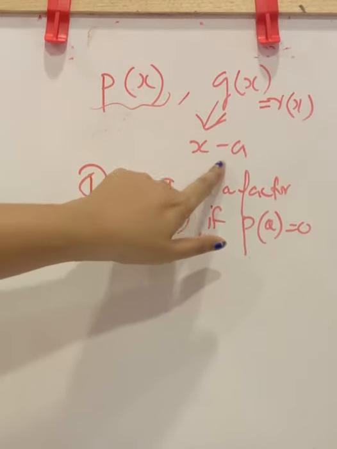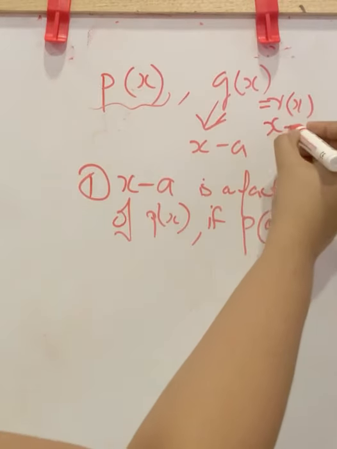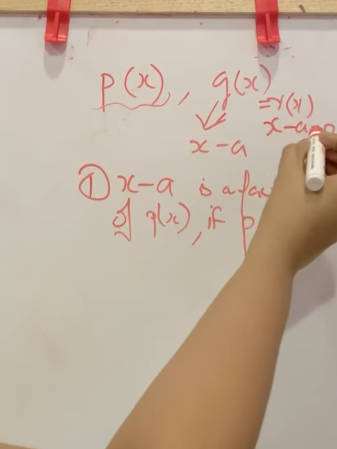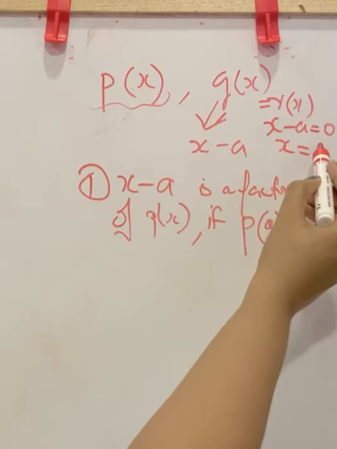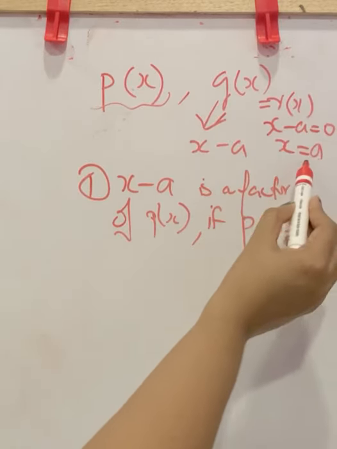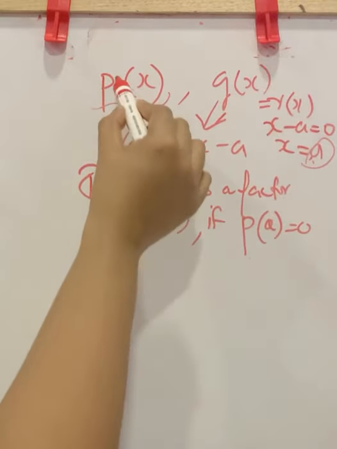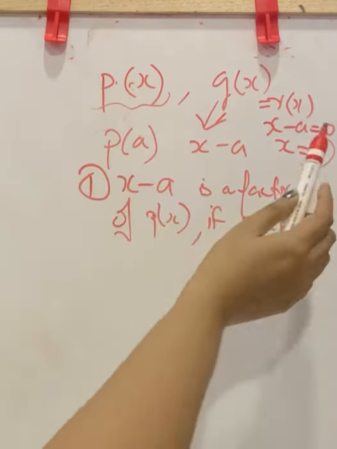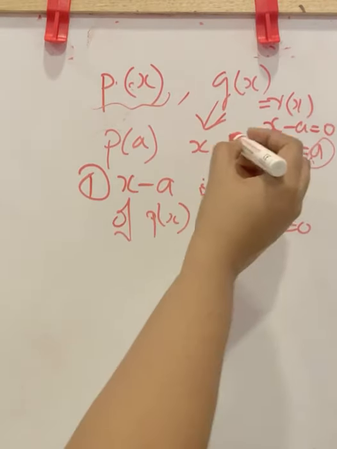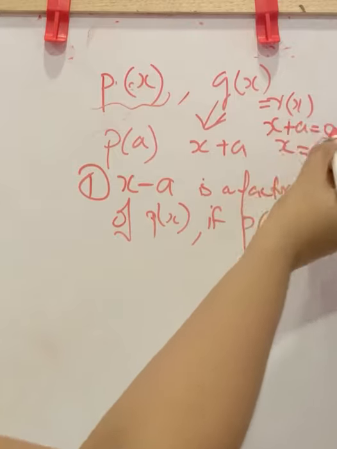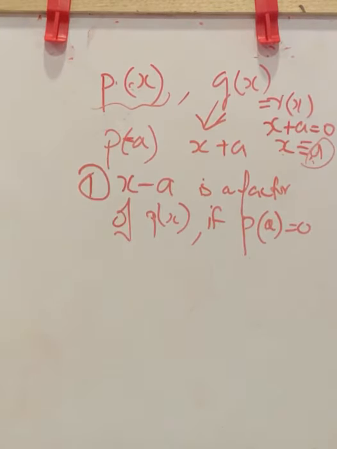That is, if we know the divisor x minus a, then we equate x minus a to 0, and we get a, because minus a taken to the RHS becomes positive a. This is the value of x that we substitute in this polynomial, that is p of a. If it was x plus a, when we equate, we will get minus a. So here we will find p of minus a.